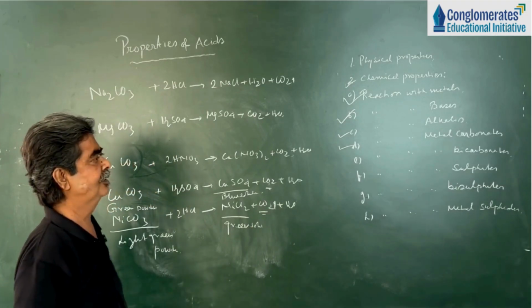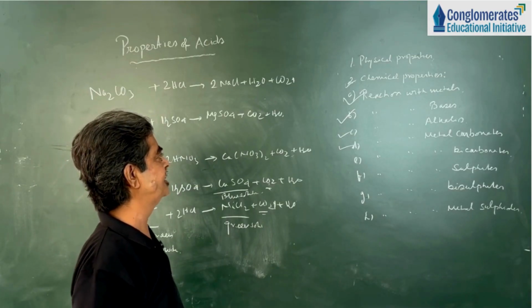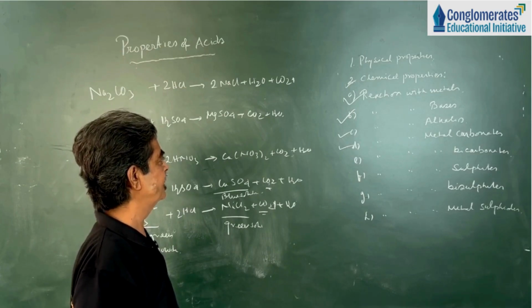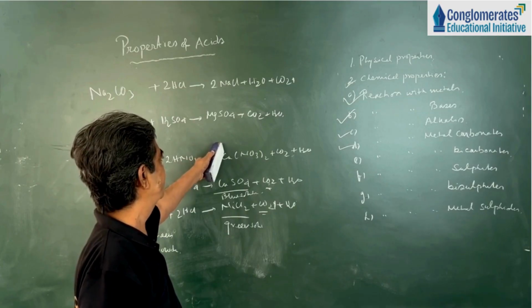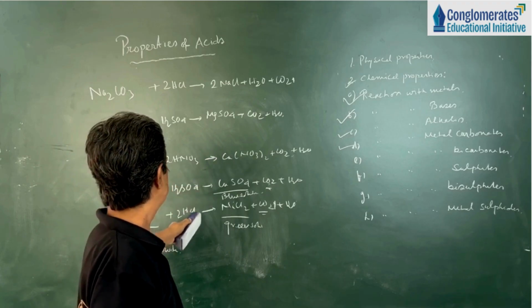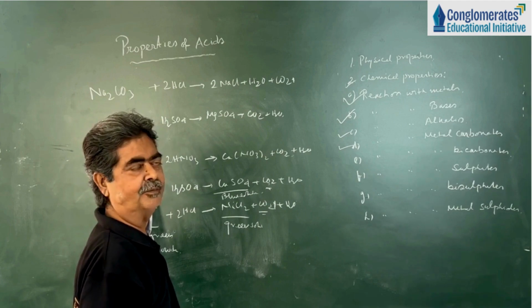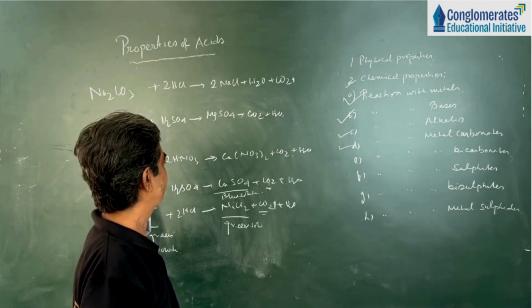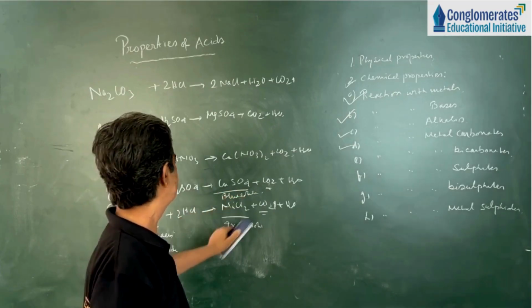Now let me conclude that carbonates react with the dilute acids and form carbon dioxide, which is evolved as bubbles of gas. In the case of the two colored samples I have taken, one is copper carbonate, which is a green powder that becomes a blue solution with bubbles of carbon dioxide.